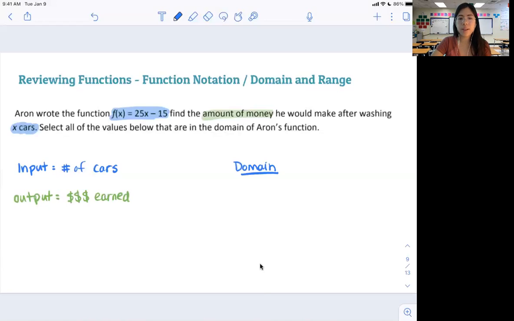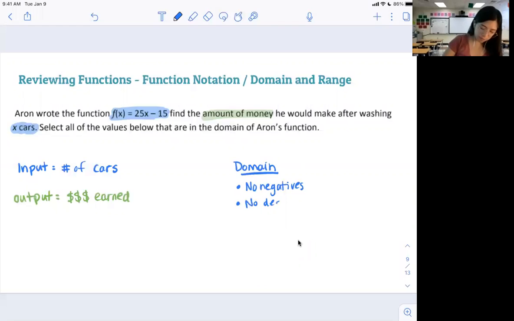So negatives. Can I have negatives? No. Okay, what else? Decimals. Can I have decimals? No decimals. No fractions either. So what are the only types of numbers that do make sense?